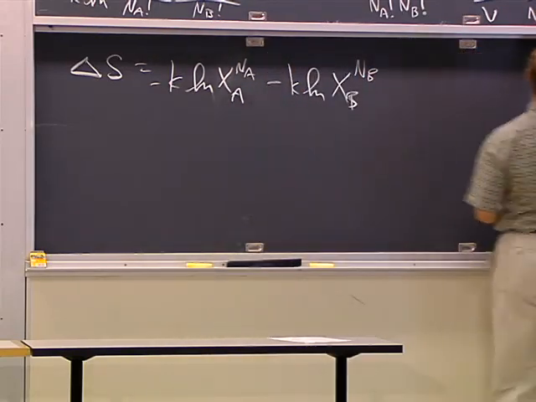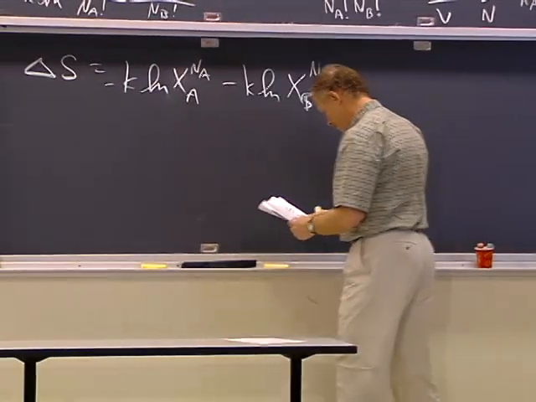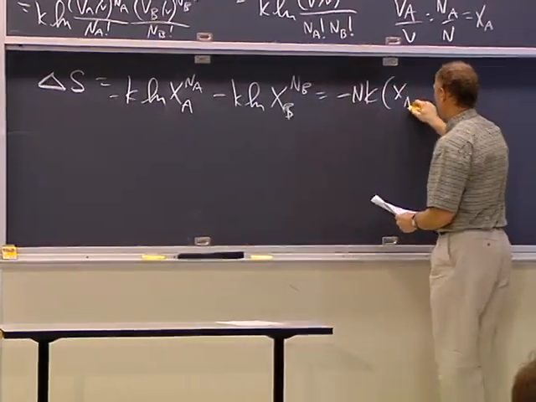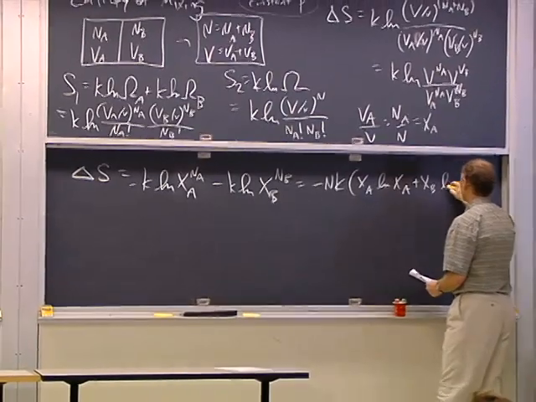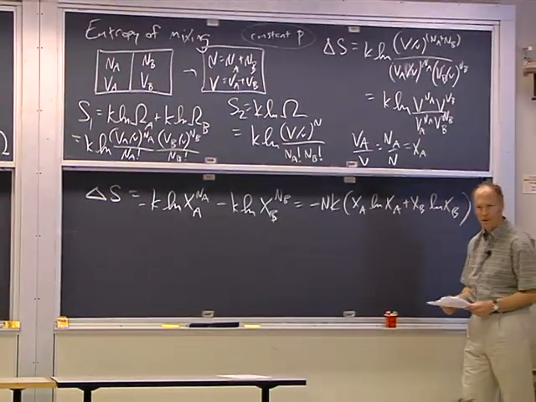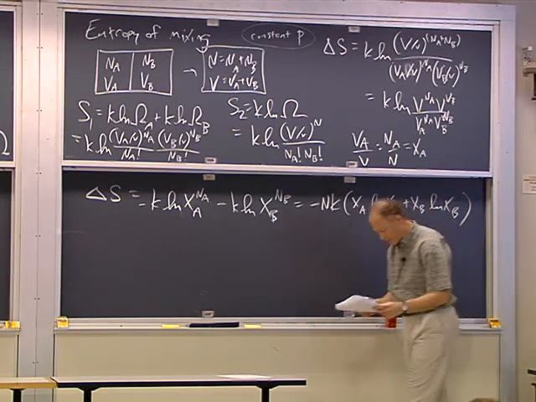Well, all I've done is make these substitutions for the ratios of the volumes, right? So it's just minus N k, XA log XA plus XB log XB, right? Look familiar? Same thing we saw macroscopically before.